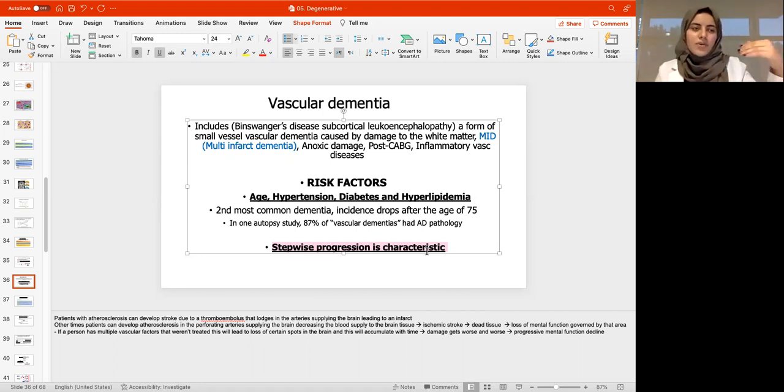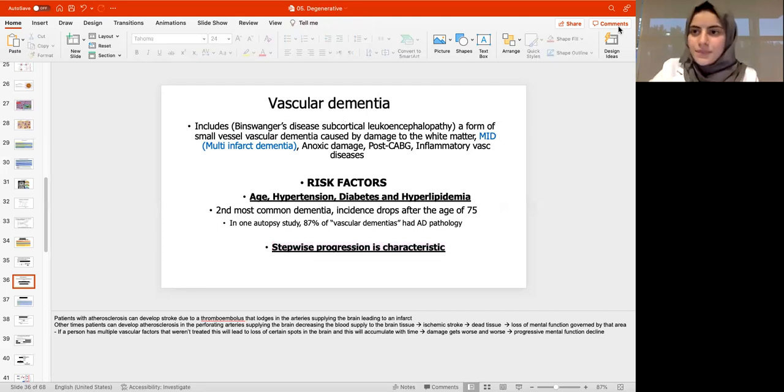Suddenly they get a stroke, and then they have cognitive dysfunction. Then they're stable, then they get another stroke, and then they have cognitive dysfunction. You get me? So that's what they mean by stepwise progression. Their symptoms usually appear after each stroke. From its name, multi-infarct, they keep having multiple infarcts that accumulate with time.